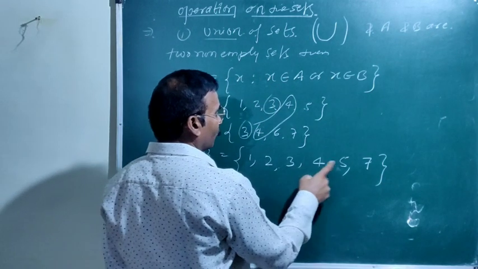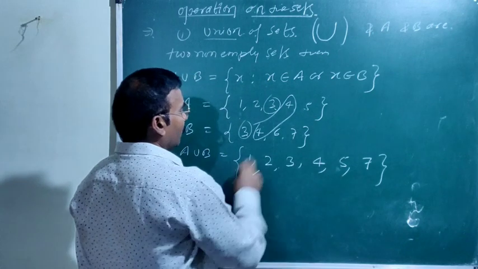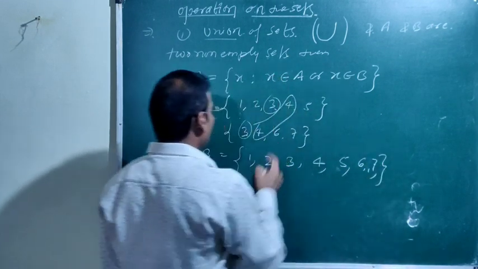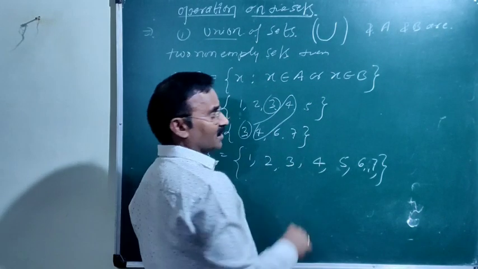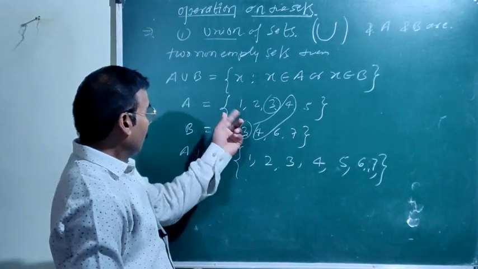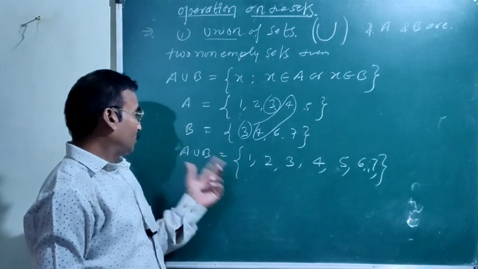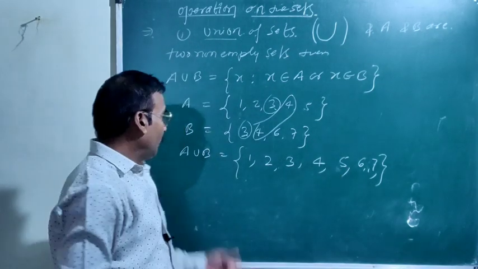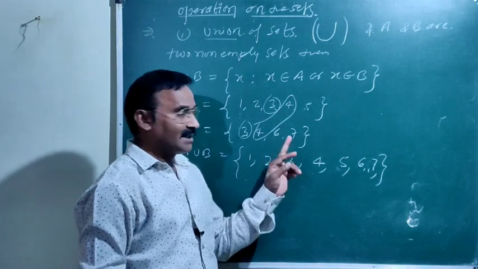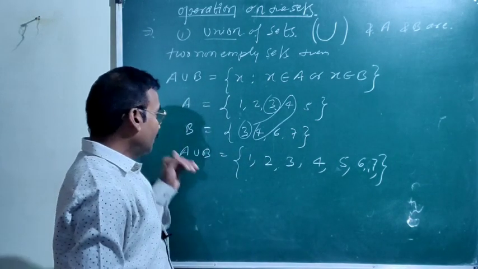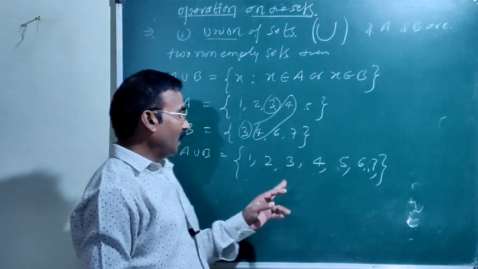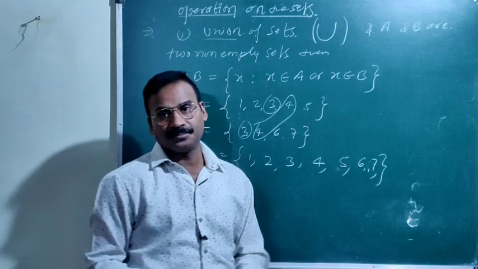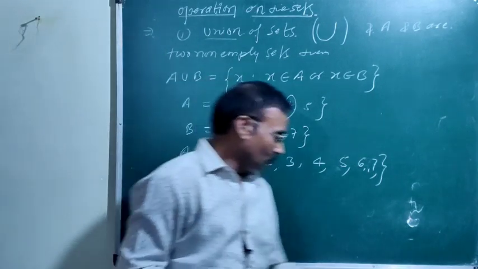Then 6 and 7: 6 of the second set, 7 of the second set. So 1, 2, 3, 4, 5 belong to A union B, and also 3, 4, 6, 7 belong to B, which also belong to A union B. This is the union.